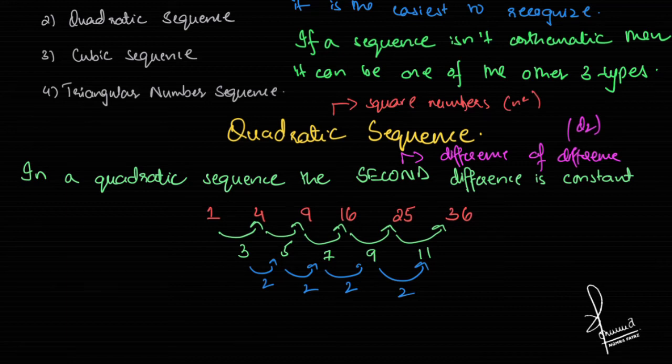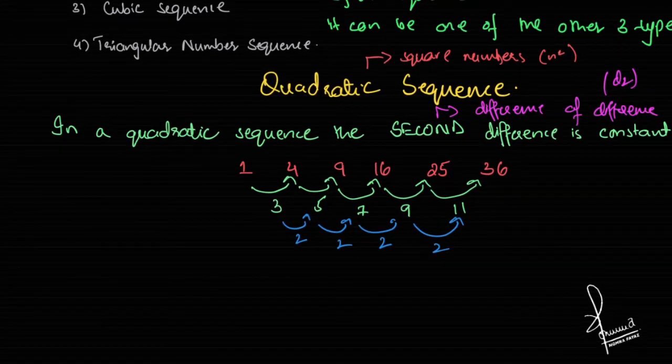The most basic quadratic sequence can be n square. मतलब क्या है कि अगर first term है तो n is equals to 1 का square which is 1. अगर n is equals to 2 है which is the second term, that means 2 square which is 4. अगर n is equals to 3 है, that means 3 square which is 9, and so on. So you can see the sequence over here is basically n square.